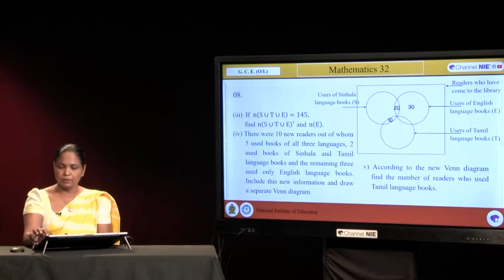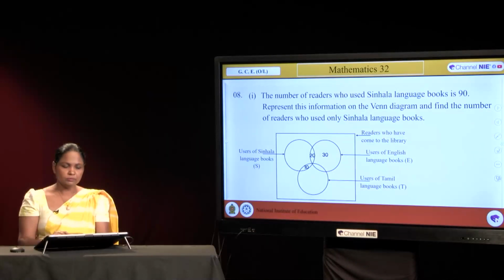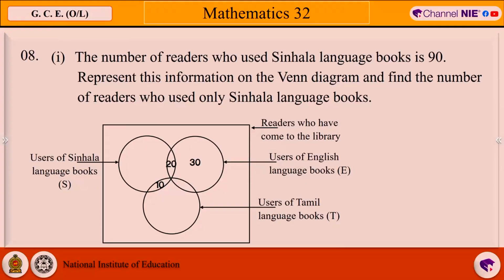The first part is this. You have to find the number of readers who used only Sinhala language books. It is given that total of users of Sinhala language books is 90. Then again it says represent this information on the Venn diagram and find the number of readers who used only Sinhala language books.